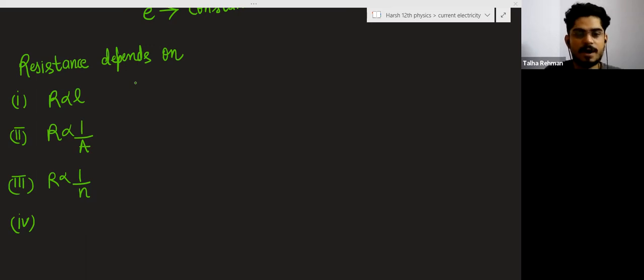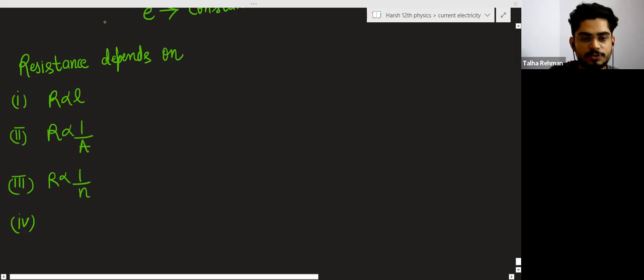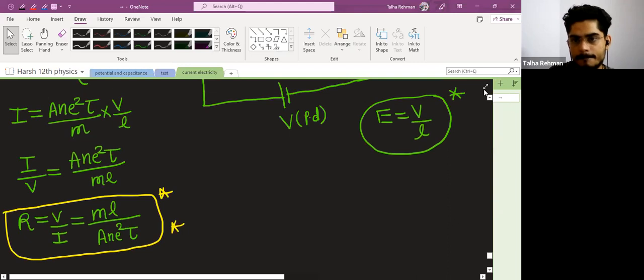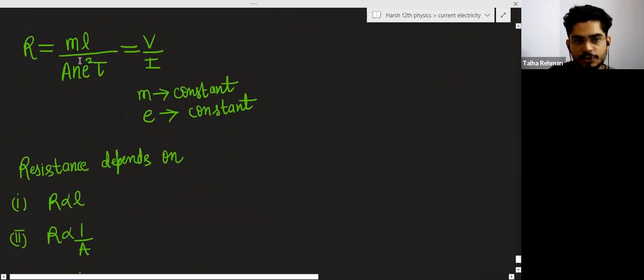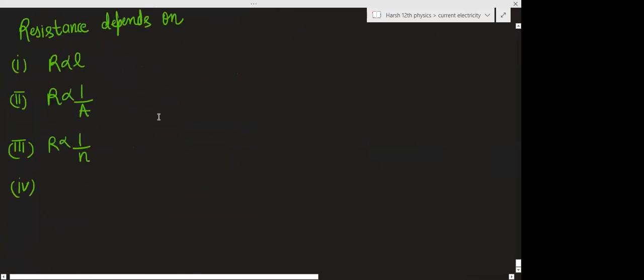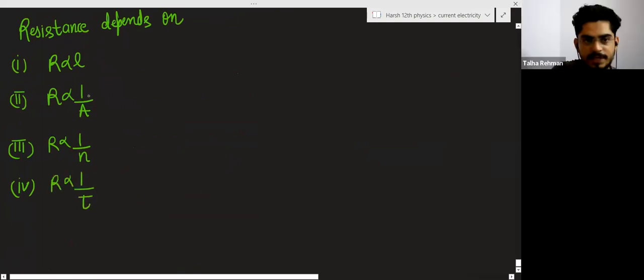R is inversely proportional to small n, and R is inversely proportional to tau. L is the length, A is the area of cross section, and n is the number density, or number of electrons per unit volume.